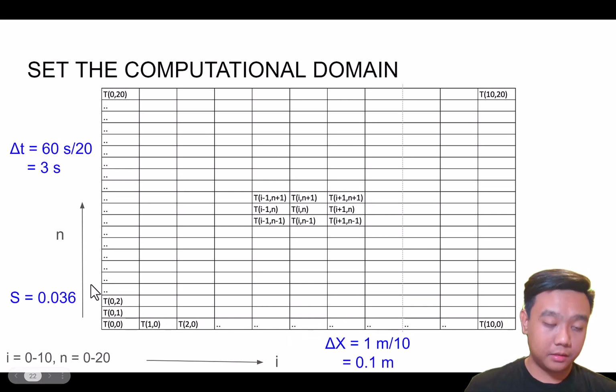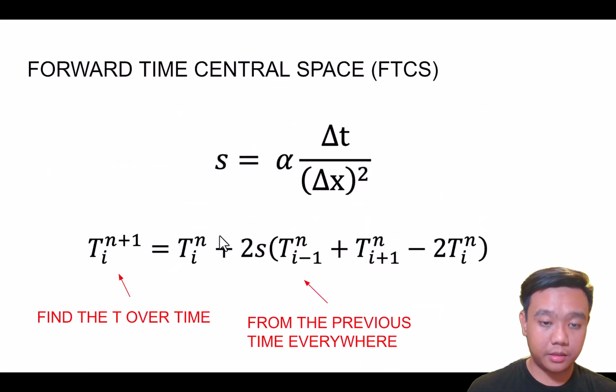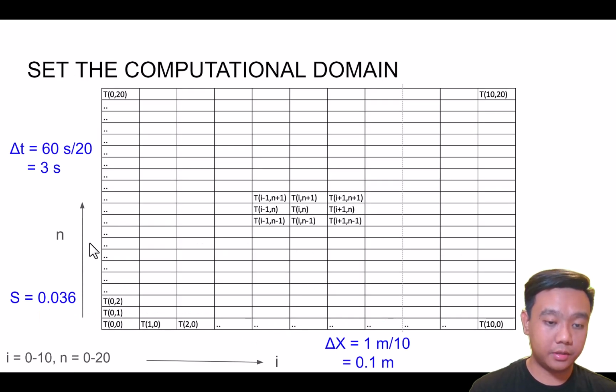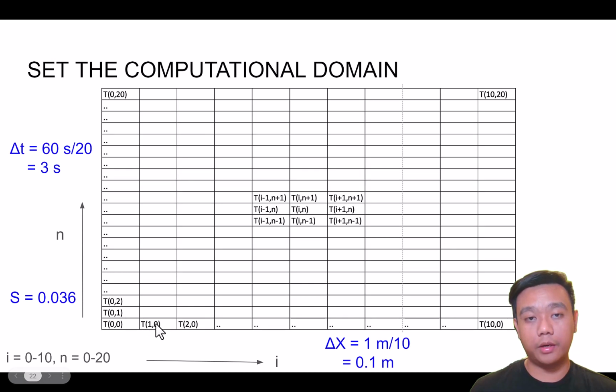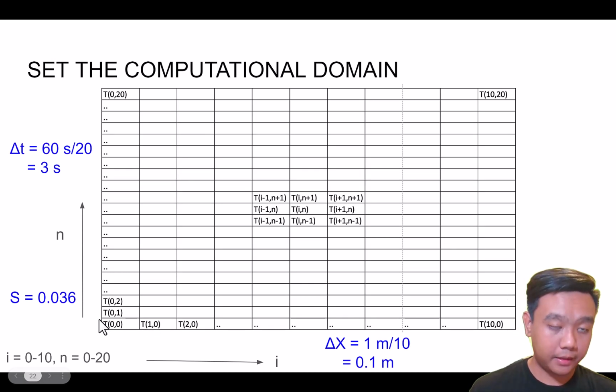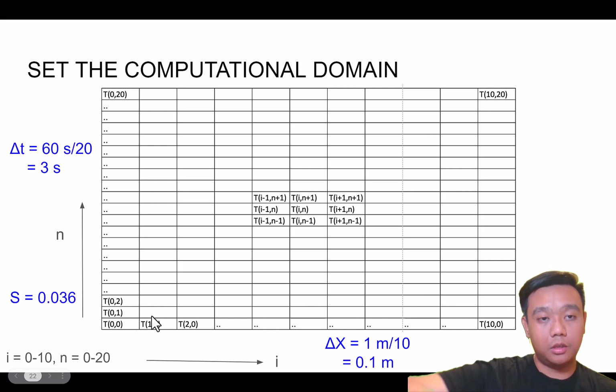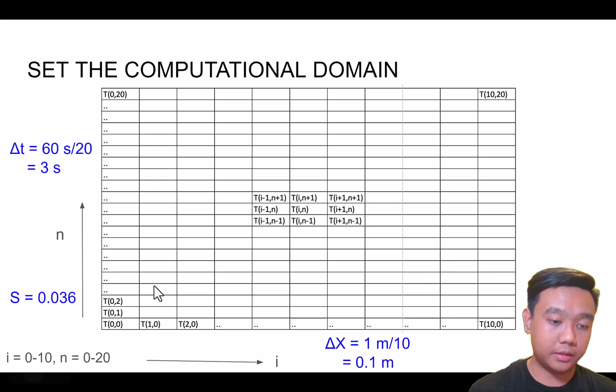As this equation suggests, the steps will be to calculate this first, the i, or everywhere in the x direction at this specific time, then we go along the time.